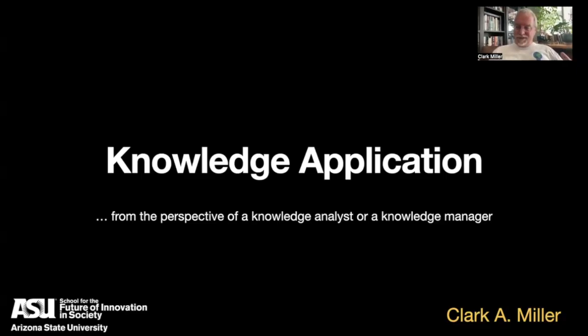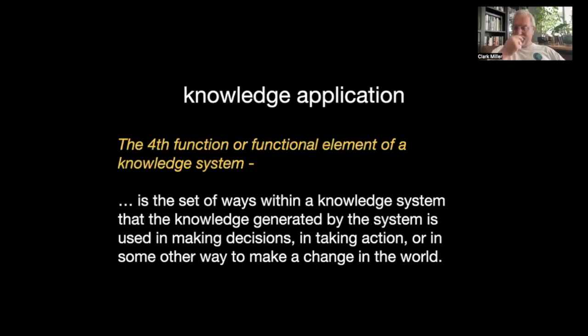But of course, application is what we do with the knowledge. It's how we use it. And so in that sense, the purpose of a knowledge system is to make knowledge that can be used effectively, successfully, credibly, to enable us to do things in the world, to make decisions, to take action. And so that's what we're talking about here today.